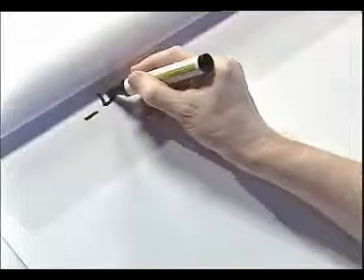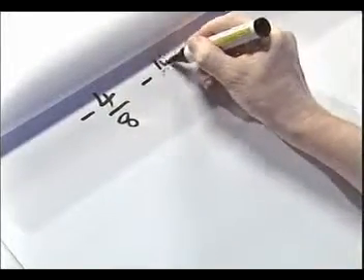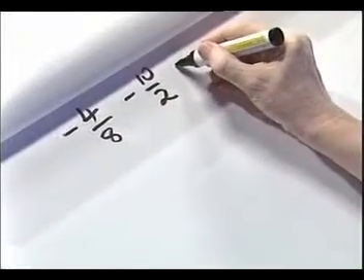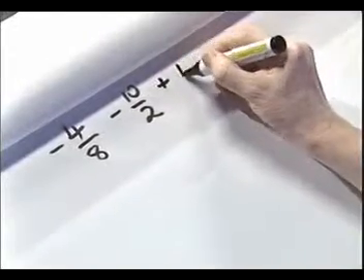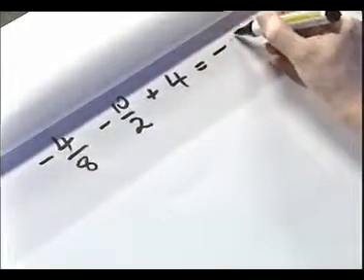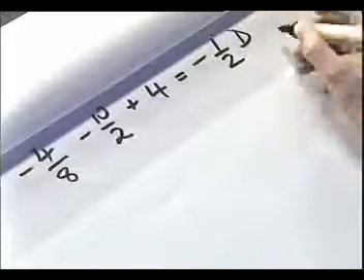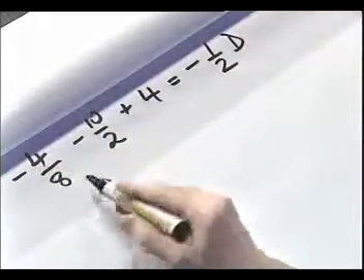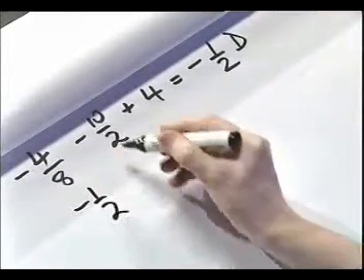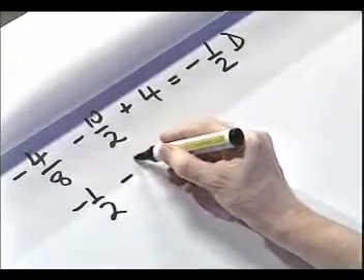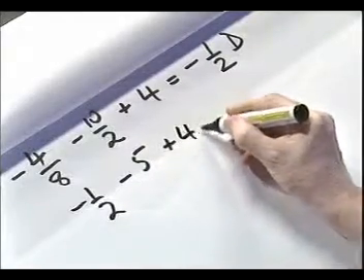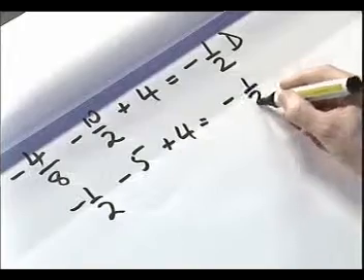I'll just write that down again. Minus 4 over 8 minus 10 over 2 plus 4 equals minus a half d. Minus 4 over 8 is just minus a half. Minus 10 over 2 is minus 5, plus 4 equals minus a half d.